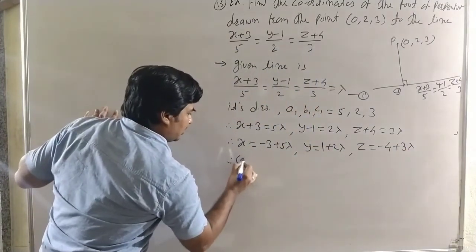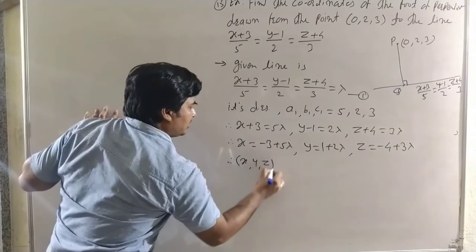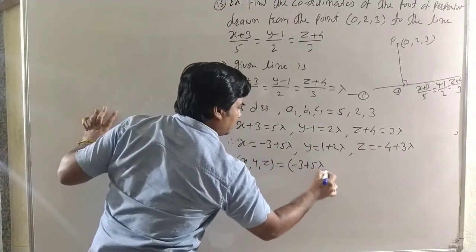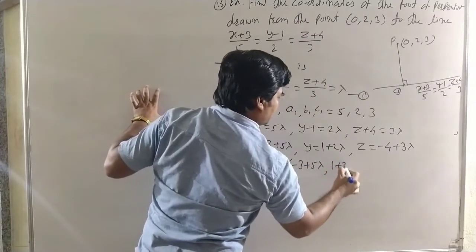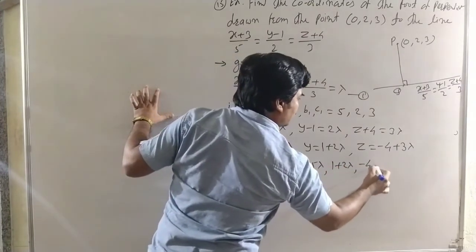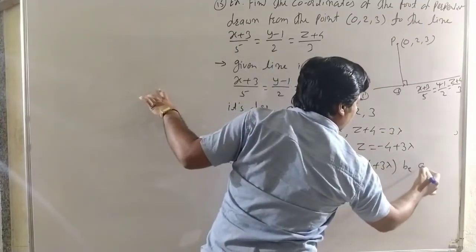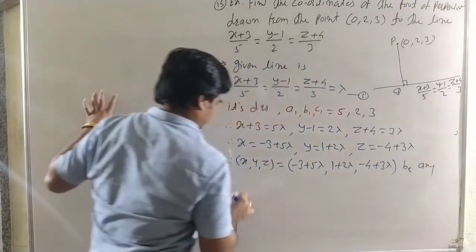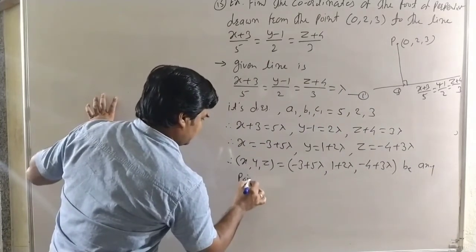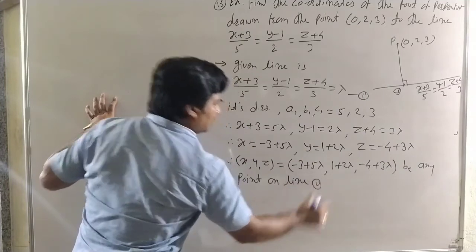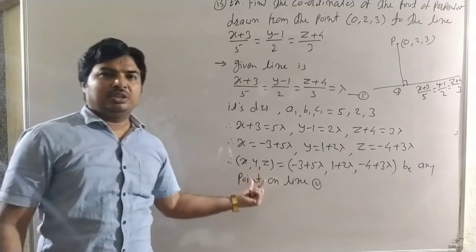Therefore (x, y, z) = (-3 + 5 lambda, 1 + 2 lambda, -4 + 3 lambda) is any point on the line.